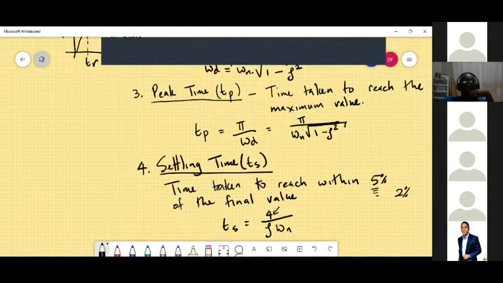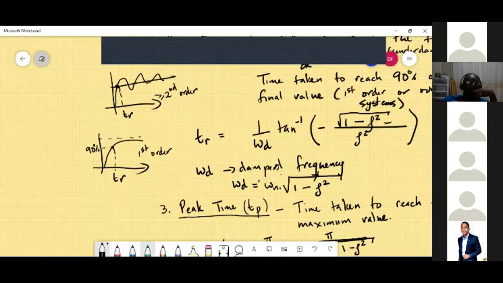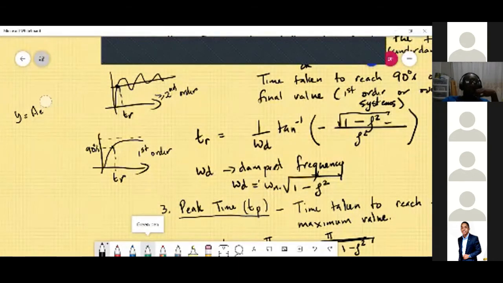Because the response of the system that is oscillatory is y equals a e to the minus a t sine bt.